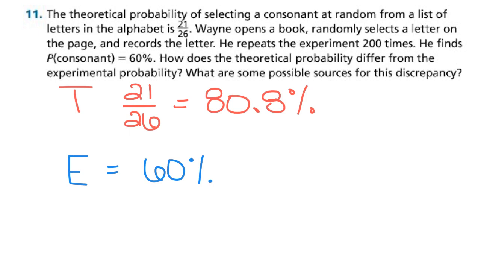The theoretical probability is greater than the experimental probability. This may be because of the number of trials that Wayne did. Wayne may need to do more trials. It could also depend on the type of book that he is doing. He may need to use different books. So there's a lot of different factors regarding his experiment, but one of the main ones is the number of trials.